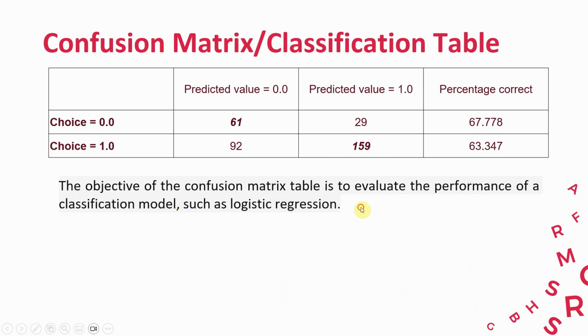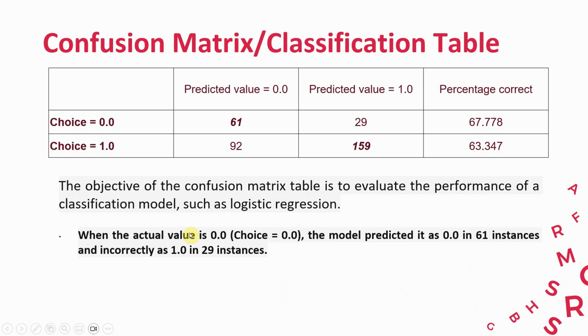When the actual value is 0, the model predicted it as 0 in 61 instances. The correct prediction when your observed choice is 0 is 61, and incorrectly in 29 instances.